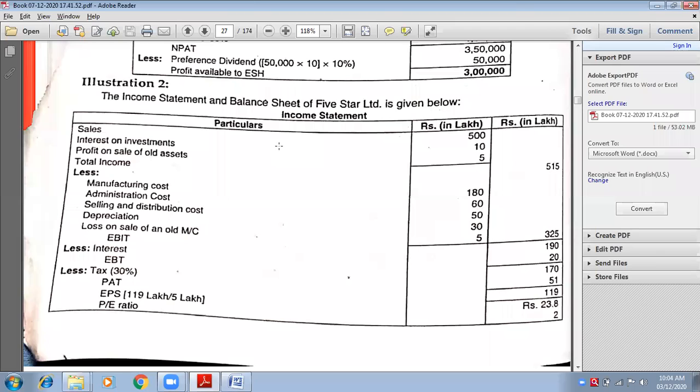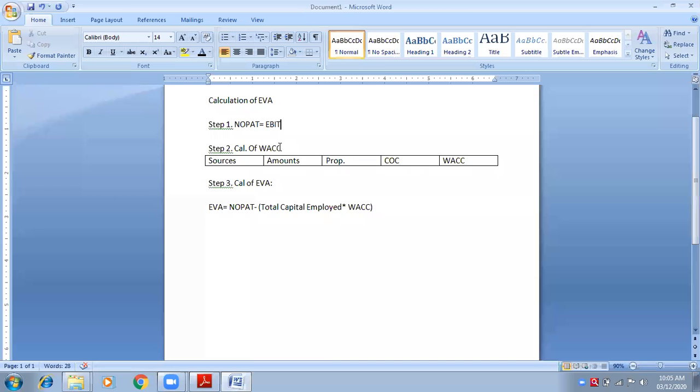See, two incomes are there and one expense is there. Two incomes were added: interest on investment, profit on sale of old assets. These were added, but I don't want them, so let us deduct them.